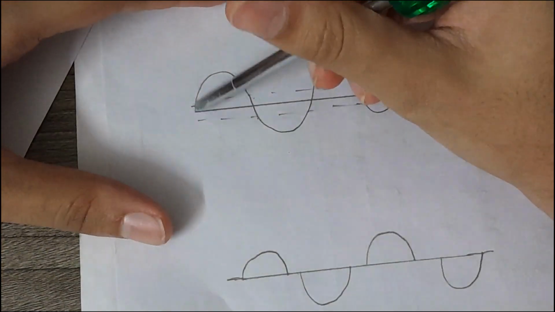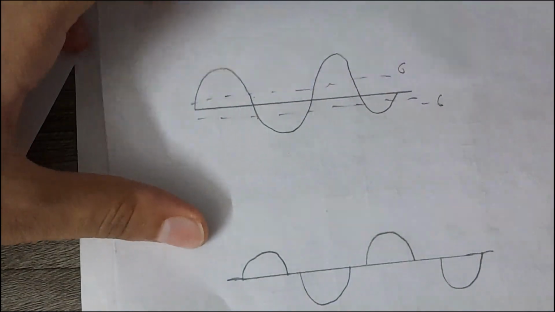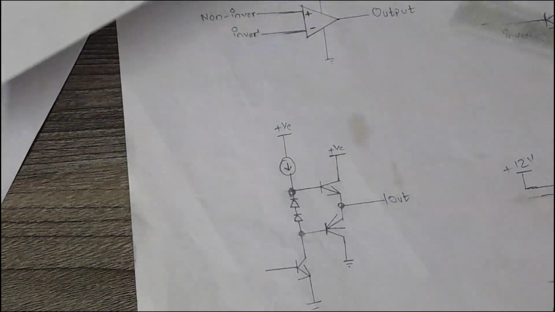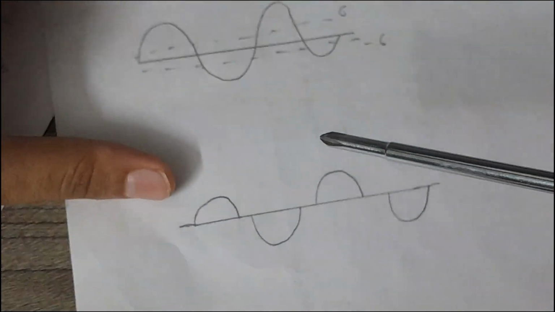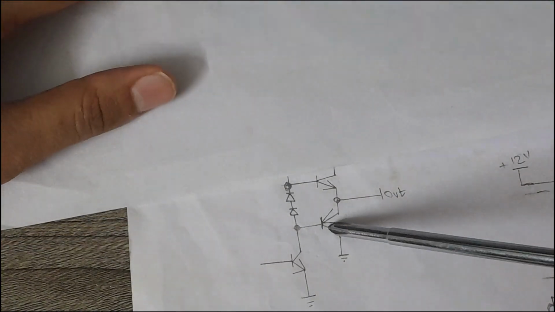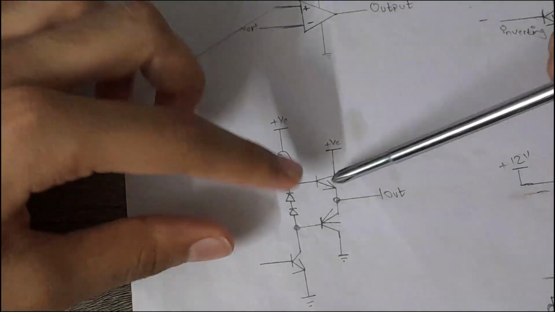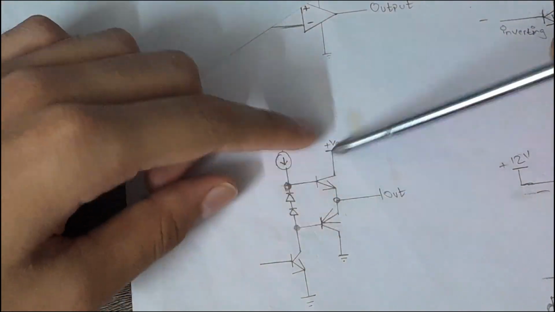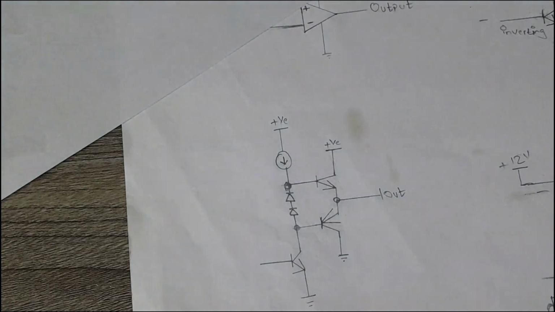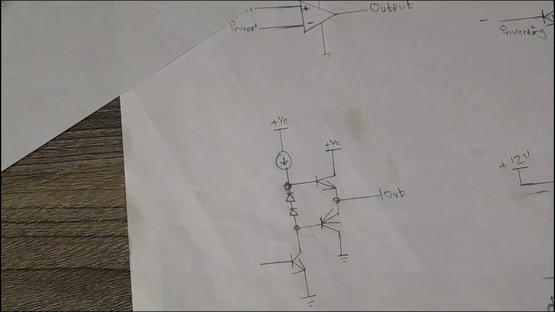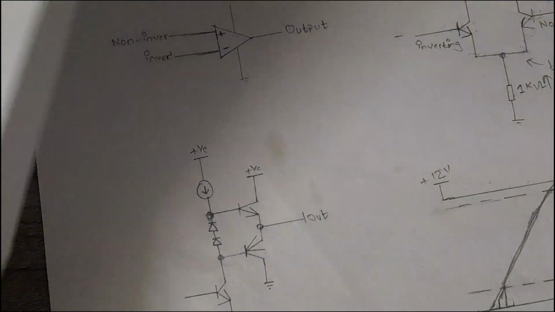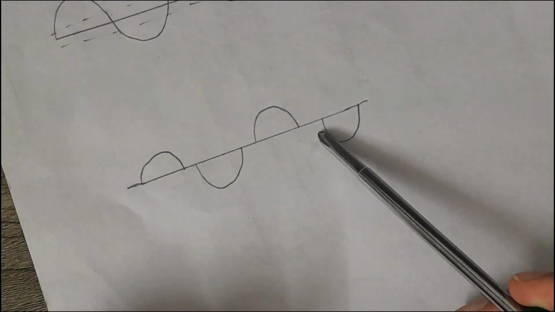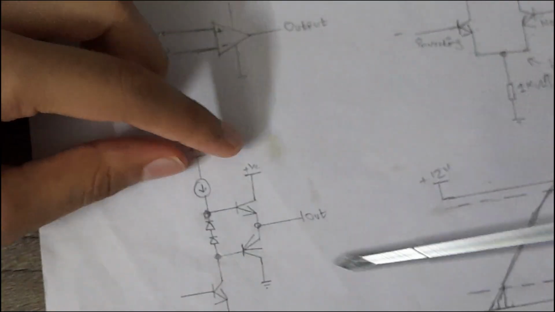Let's say a sine wave is going to the class B amplifier, so if there were no diodes connected, the output will look something like this. So to make the circuit more linear, we have to pass some current to these transistors so they work perfectly and linearly. So we introduced two diodes here, but of course we were connecting the diodes to solve a problem, but now there is another problem.